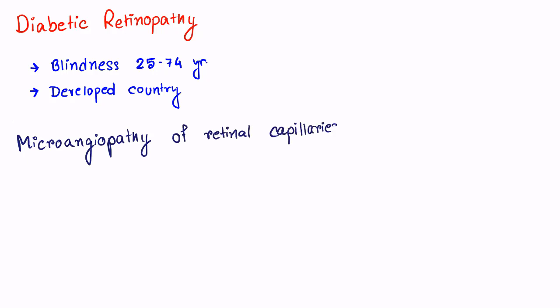As the name suggests, micro means small and angiopathy means vessel related abnormality. Diabetic retinopathy is related to diabetes. Chronic hyperglycemia leads to biochemical and physiological changes leading to anatomical endothelial lesions.